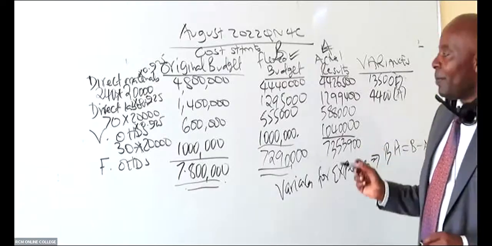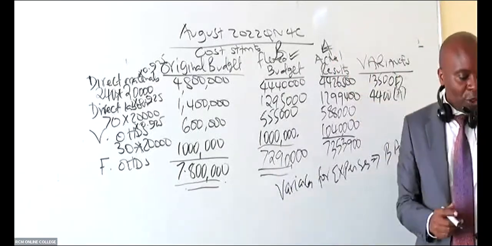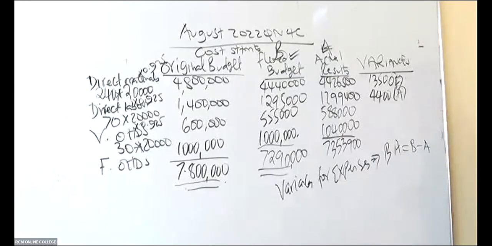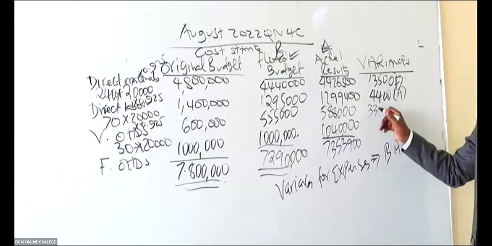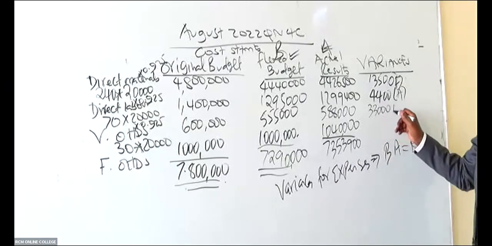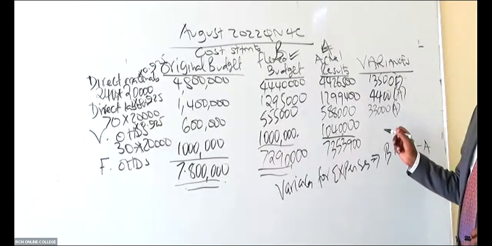Then we go to the third one. What do I have there, my good students? Negative 33,000. Because it's negative, that is going to eat into our profits, so it's adverse. And then the last one, this one I'll be able to get without asking you.